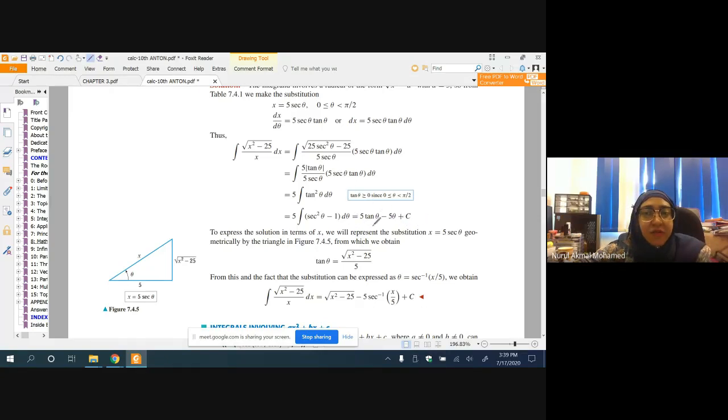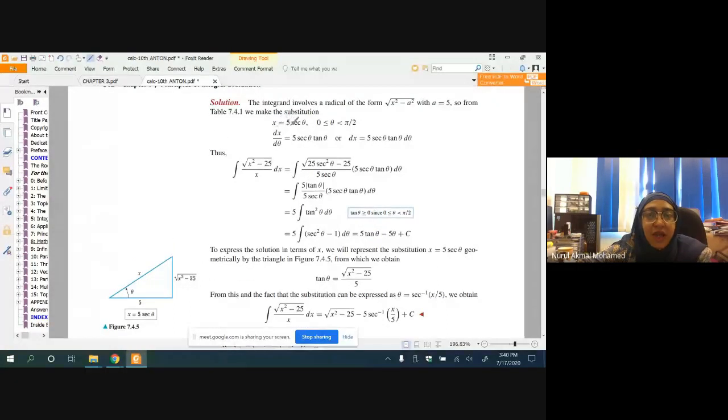For this one, we cannot stop at this solution because it is in terms of theta instead of x. We want the final solution in terms of x, so we have to use the triangle. Your substitution is x equal to 5 secant theta.